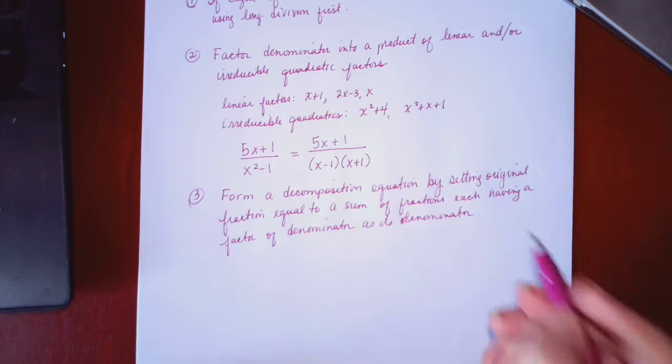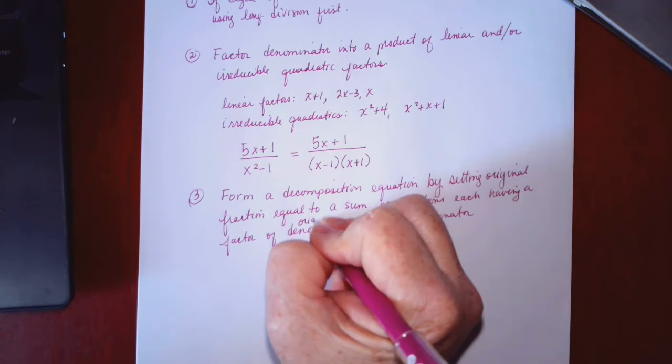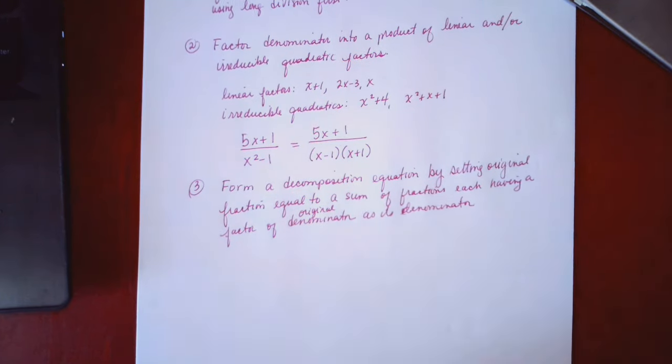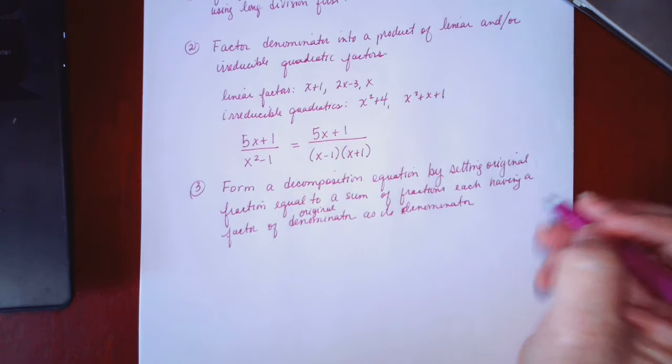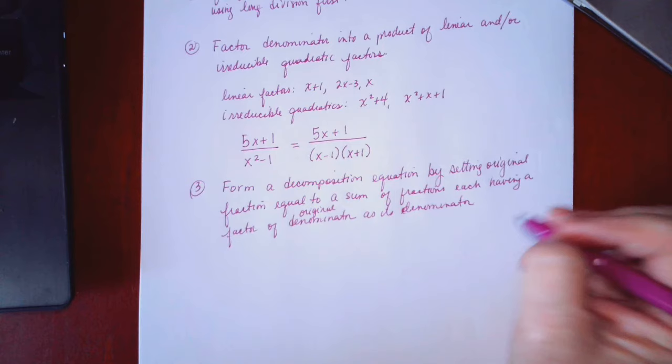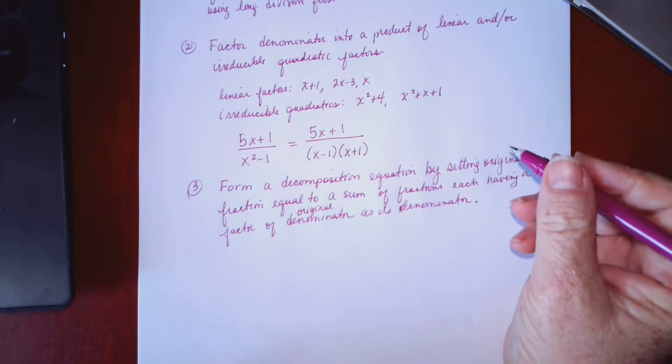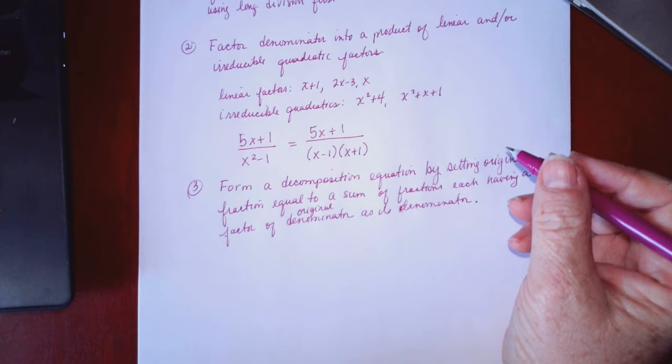And when I say that, I mean each having a factor of the original denominator as its denominator. For every fraction, if the factor is linear, the numerator is going to be constant. If the factor of the denominator is an irreducible quadratic, the numerator will be linear.